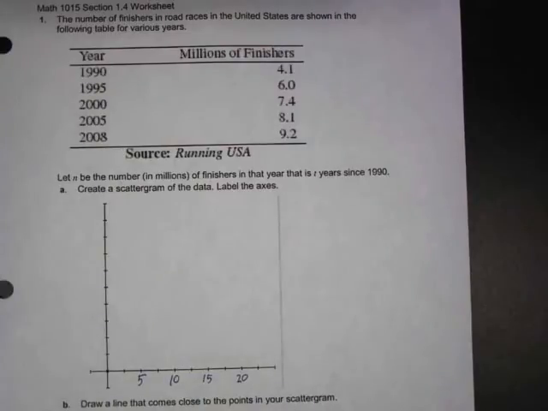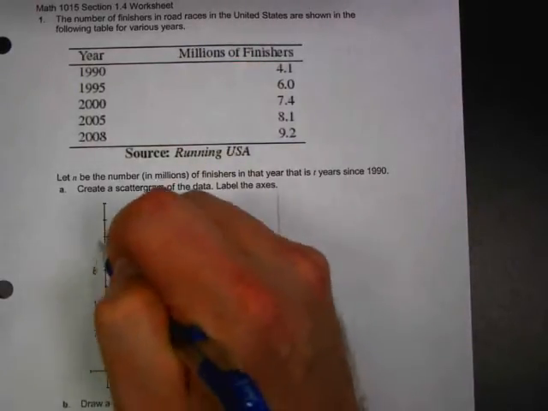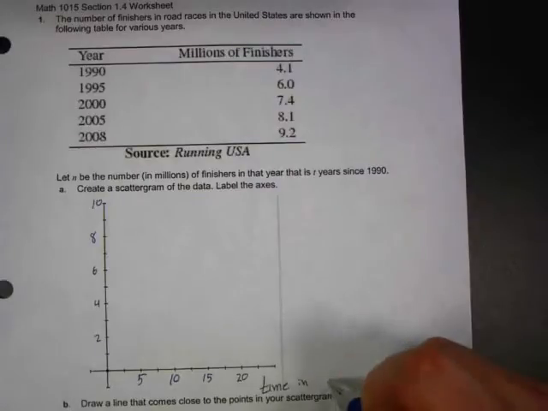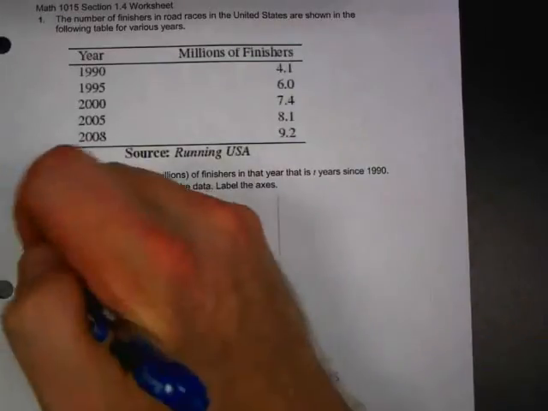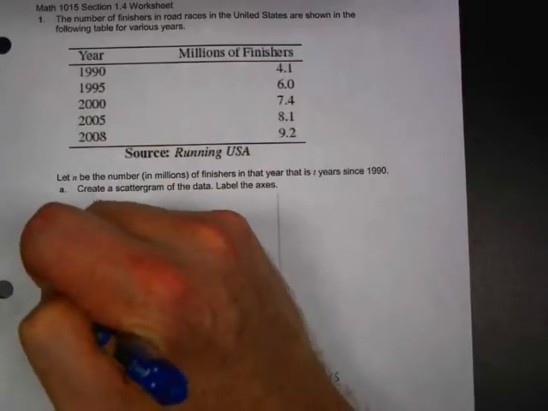I like to use almost all the way across if I can. The y-axis, 2, 4, 6, 8, 10. Now I have to write time in years and finishers in millions.